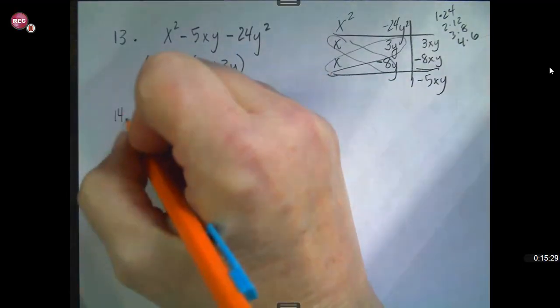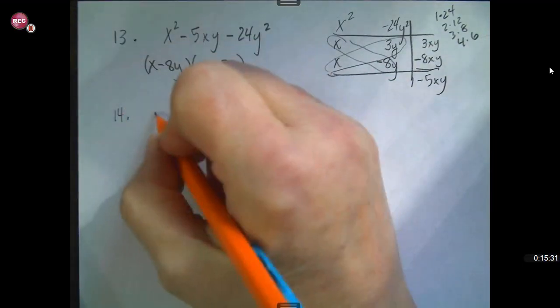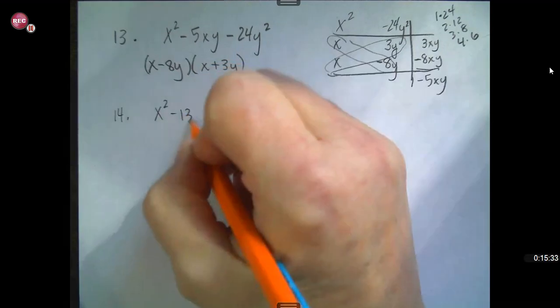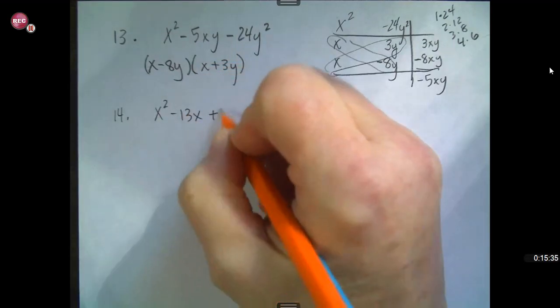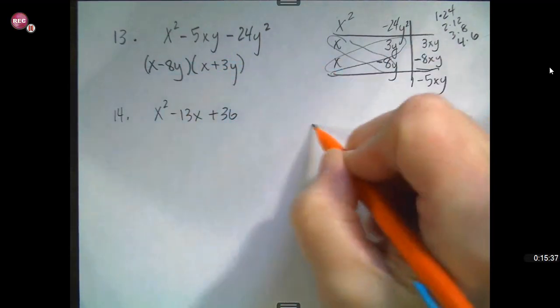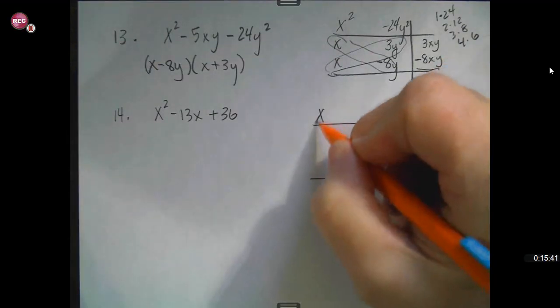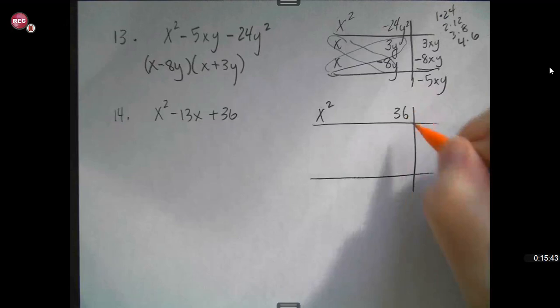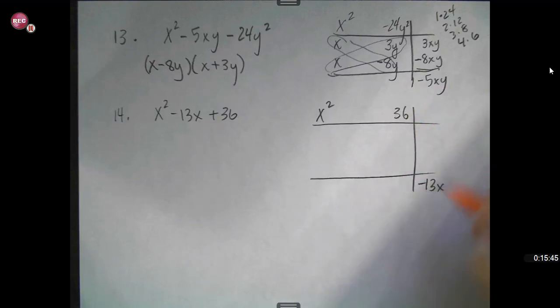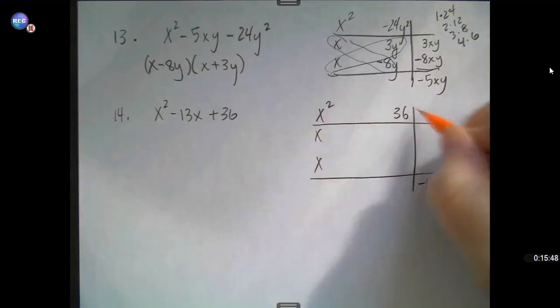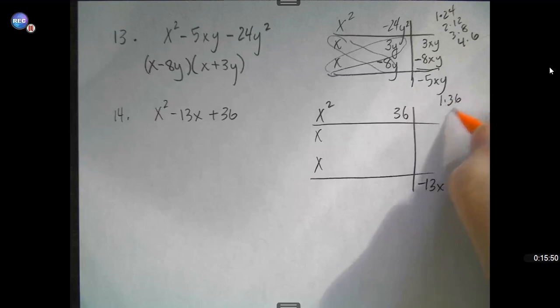Number 14, x squared minus 13x plus 36. No greatest common factor. X squared, 36, x and x. 1 times 36, 2 times 18, 3 times 12, 4 times 9, that's it.